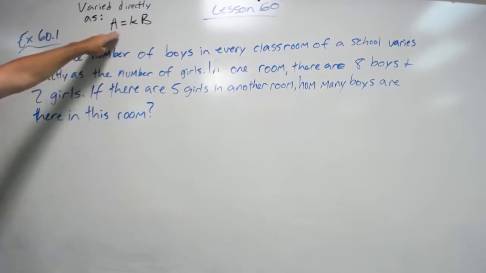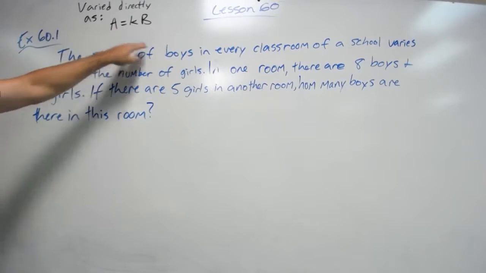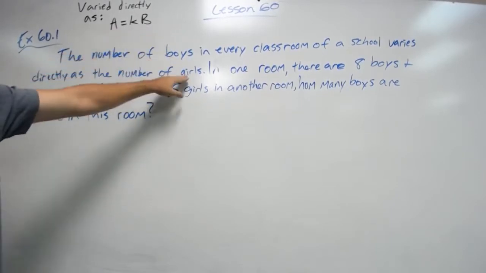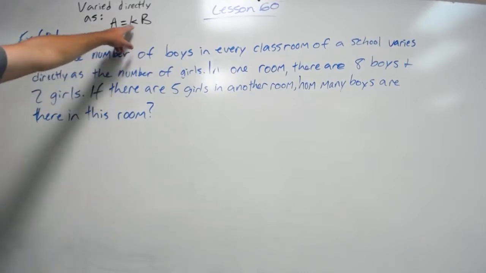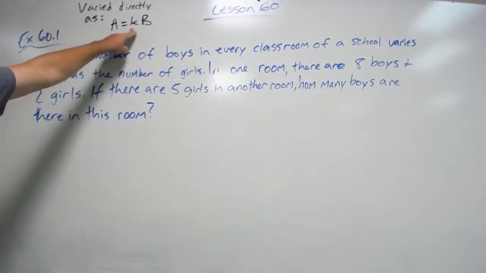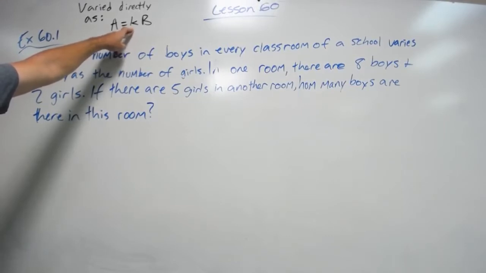It can refer to boys, and girls is what we're going to have in this problem. And so I'll show you how I rewrite the equation. But the K is our constant. So we're going to keep the K always there. That's going to be the variable that we're always going to solve for.